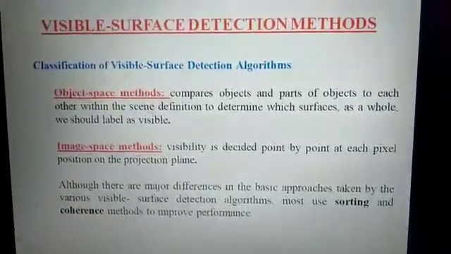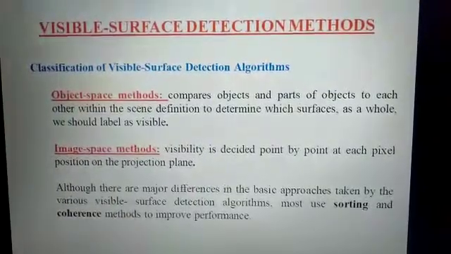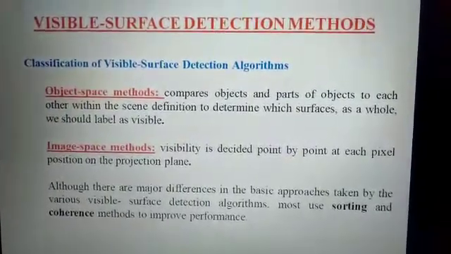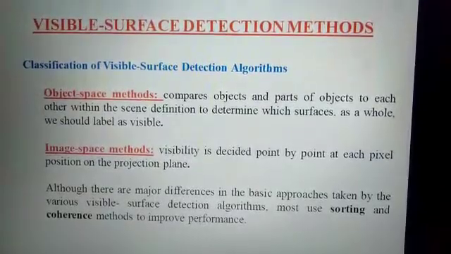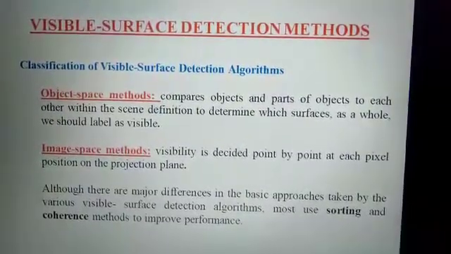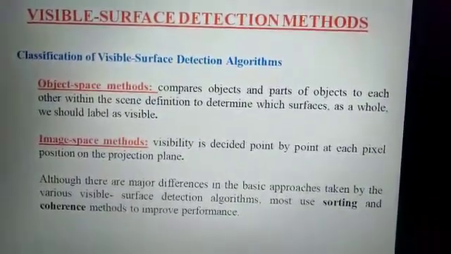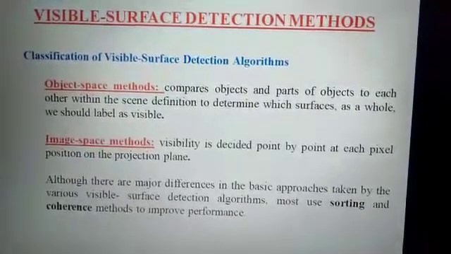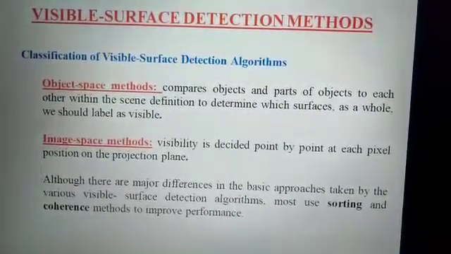We can broadly classify visible surface detection algorithms according to whether they deal with the object definitions or with their projected images. So we can classify them as object space methods and image space methods.